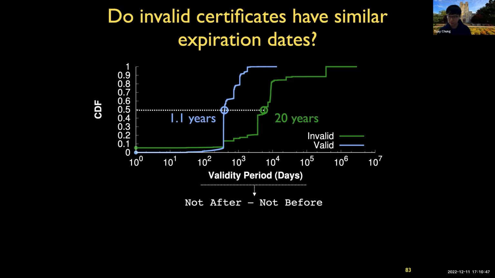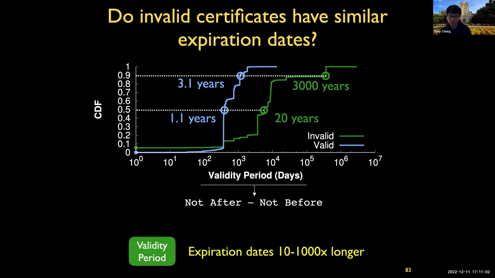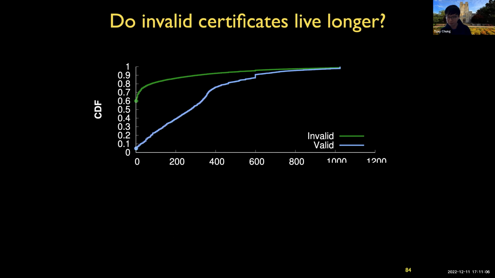But in the case of an invalid certificate, it doesn't care, right? It can go beyond 20 years or 1 million years, okay? Like 3,000 years, because they don't care. Because it is already invalid, so who cares, right? So the expiration date is 10 or 1,000 times longer.